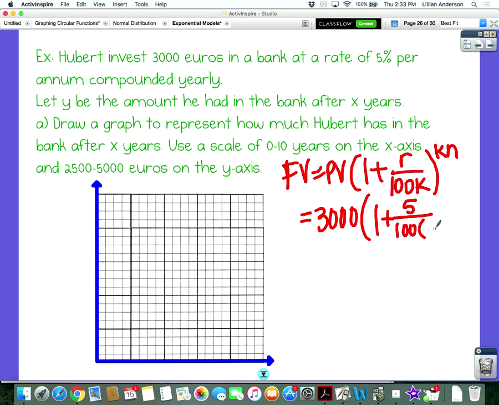Your number of compounding periods per year. So for this example, what number would it be? It's yearly, so 1. If it said monthly, it would have been 12. If it was quarterly, it would have been 4. And semi-annually would have been, what does semi-annually mean?